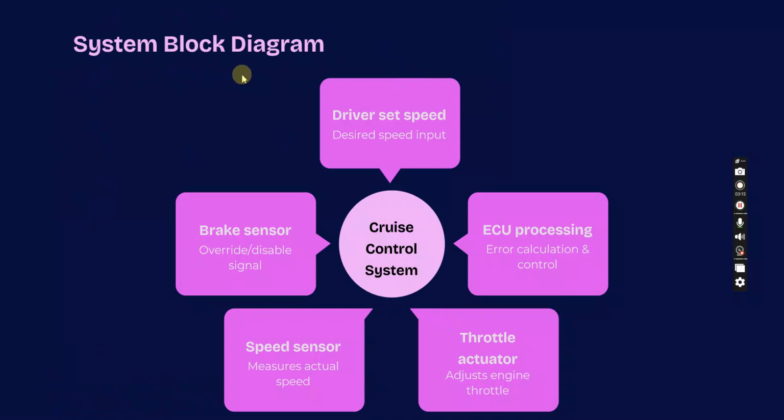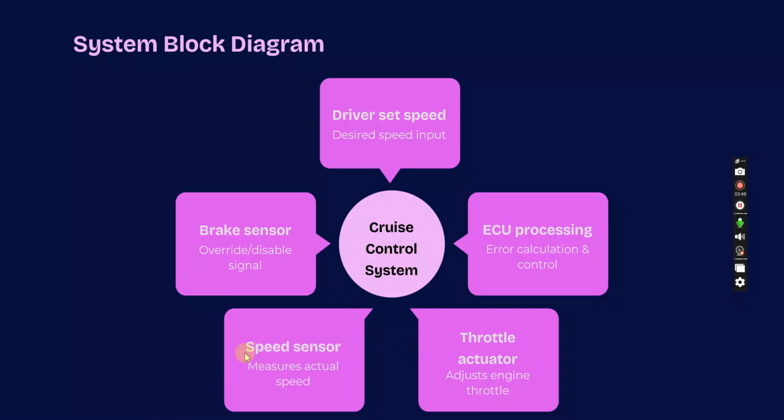System block diagram of the cruise control system: we have the driver input. The driver will give the desired speed input, and then the ECU will process the error. The ECU will process the error as desired speed minus the actual speed, and after getting that error, it will give it to the throttle actuator, which will adjust the engine throttle to maintain the speed.